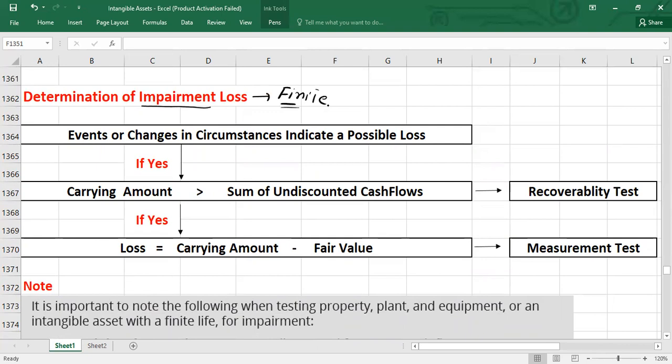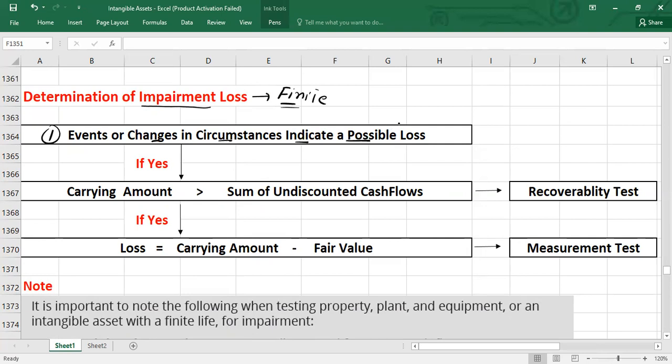In that scenario, overall there are three steps, but we usually say there is a two-step approach. Step number one is just an indication: check whether there is any event, maybe a change in legal factors or a COVID pandemic, or any change in circumstances that indicates a possible loss?